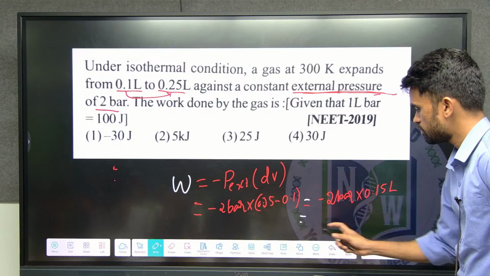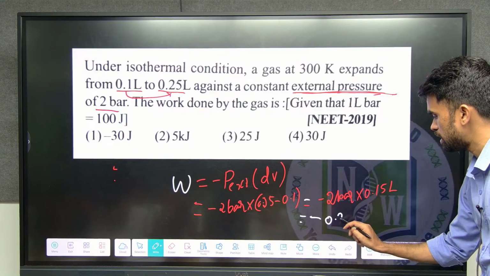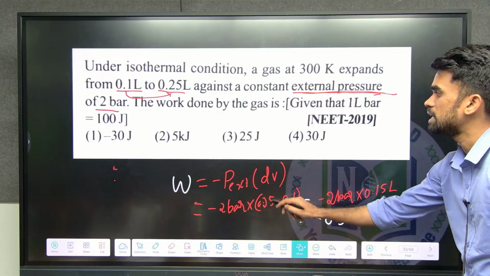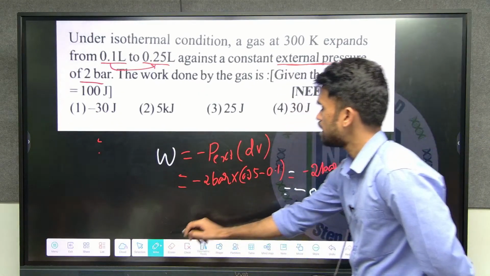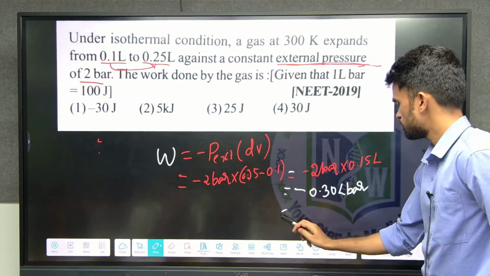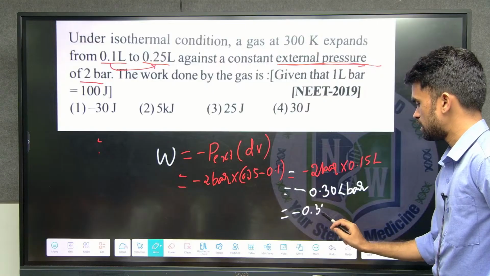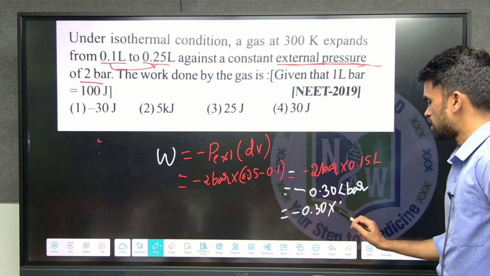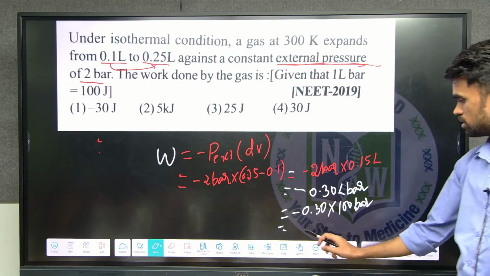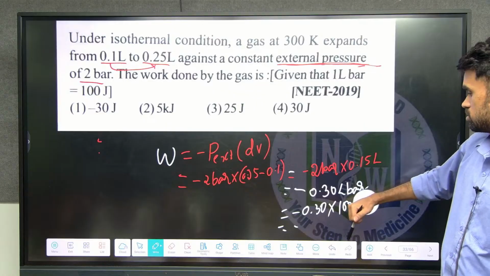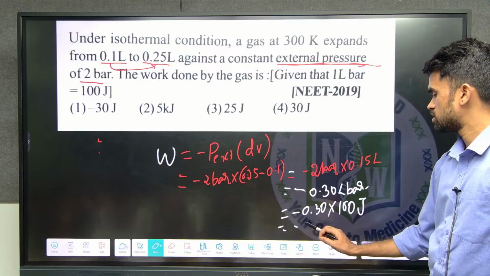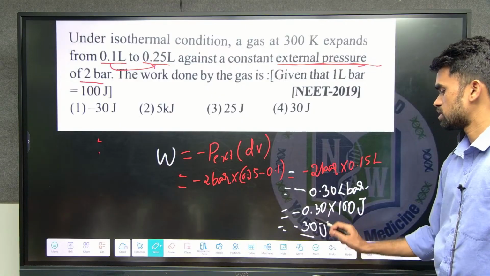So this is minus 0.30 liter bar. But the answer is not in liter bar, so 1 liter bar is 100 joules, so minus 30 joules.